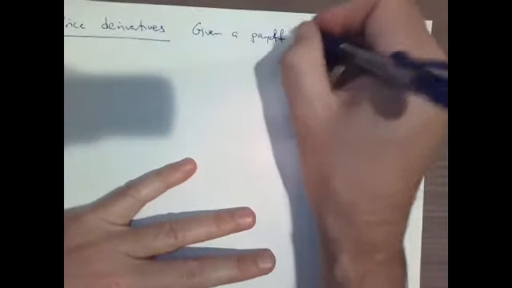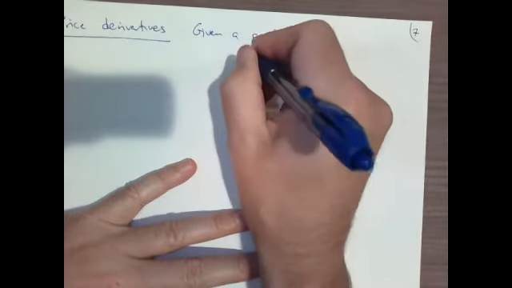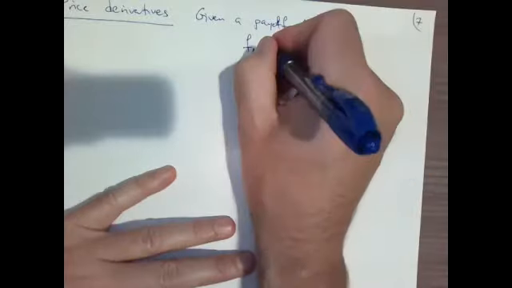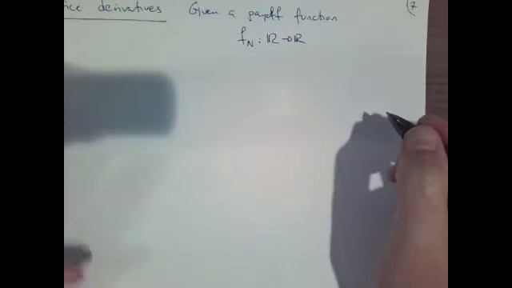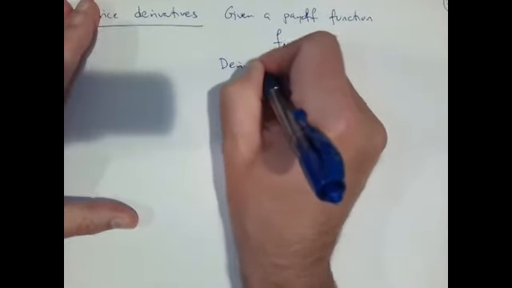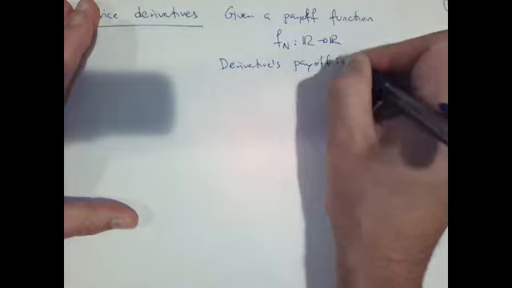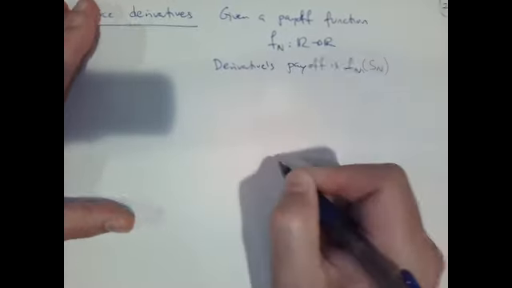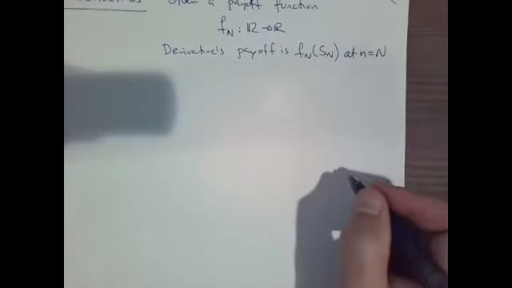So say a function, a payoff function. Let's call it F. This is something that goes from R to R. And so the derivative's payoff is F applied to the stock price at time capital N.